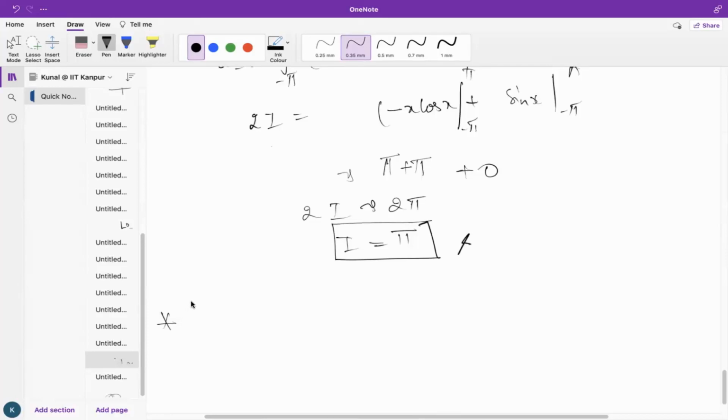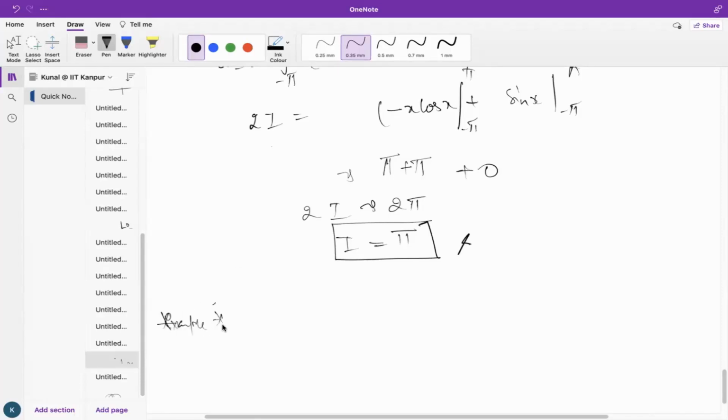Because implementation is what we have to learn in calculus. Theory you can read from anywhere, but how to implement it in different kinds of problems, this is the thing that you have to learn. How to implement in a tough problem, how to implement in an easy problem, right? So let's move on to the next problem.